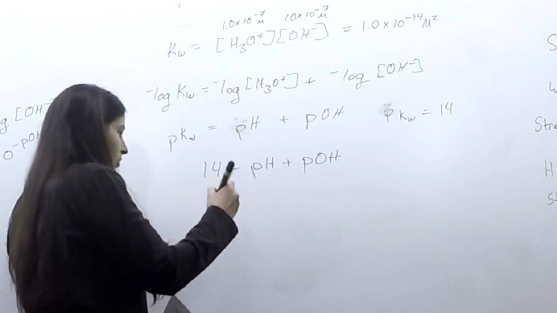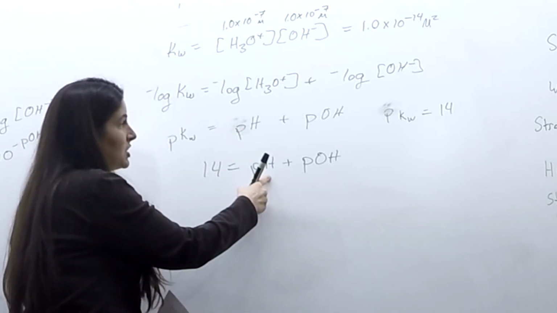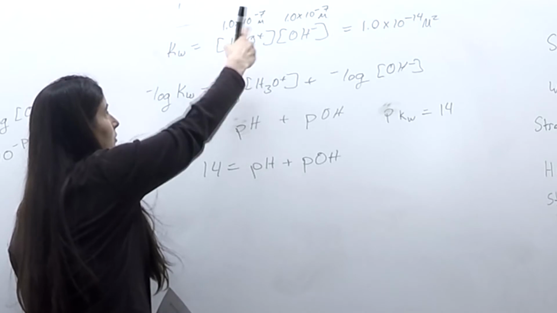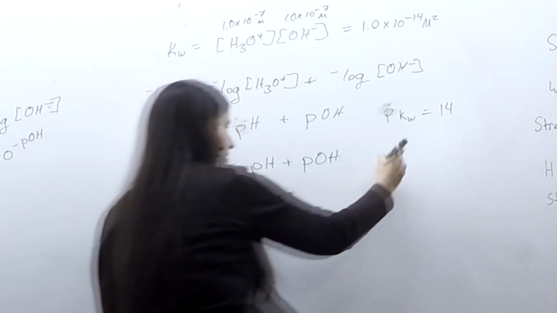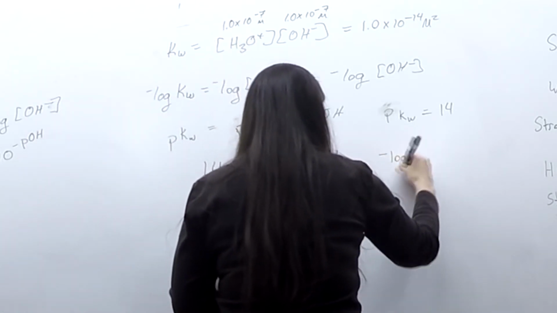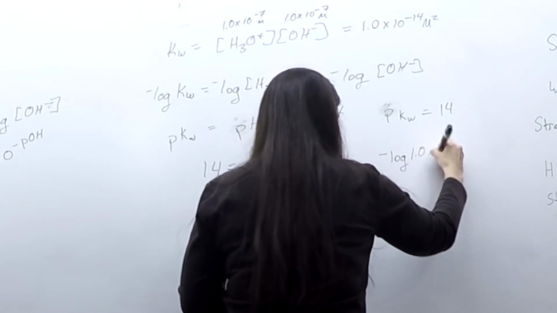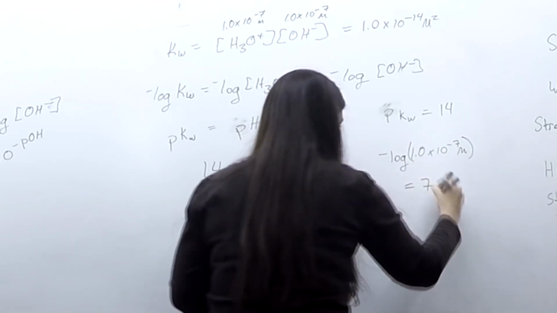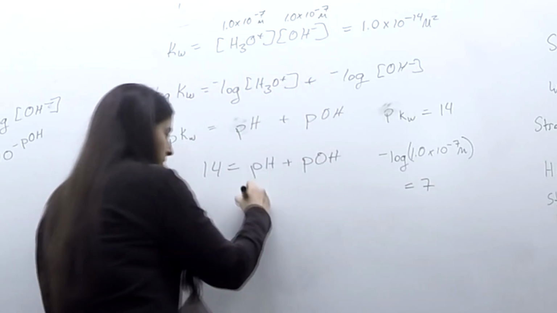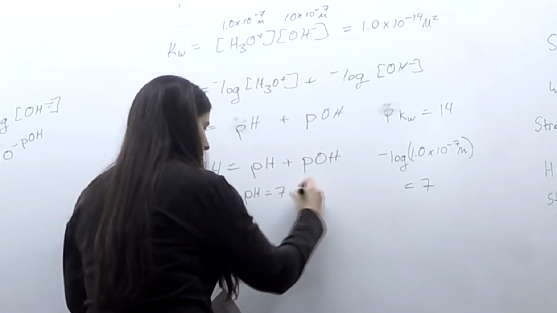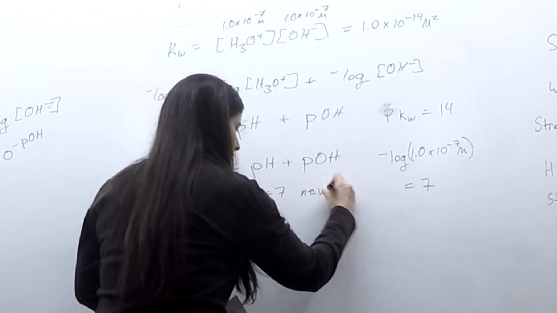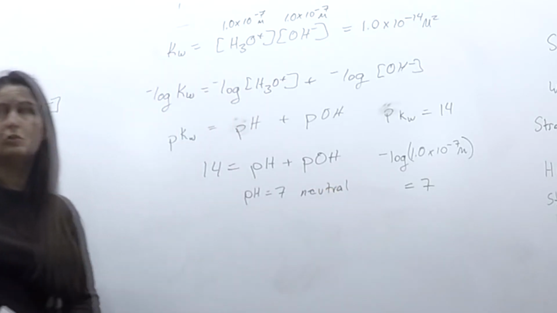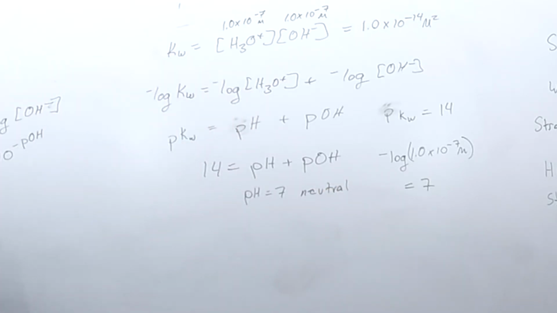When they are neutral, if you take the negative log of 10 to the minus 7, that equals 7. So a pH of 7 is neutral, right? So it all works back around.